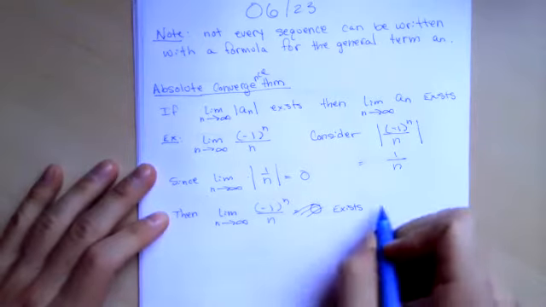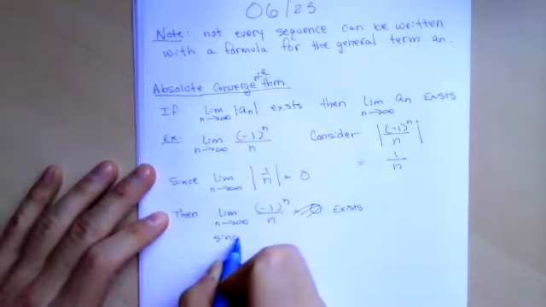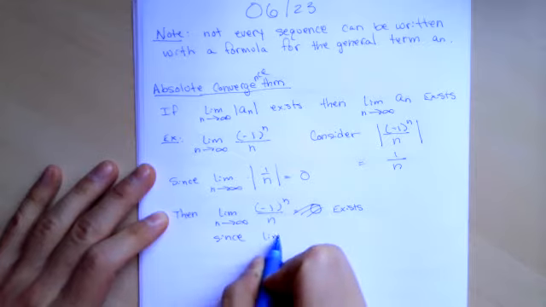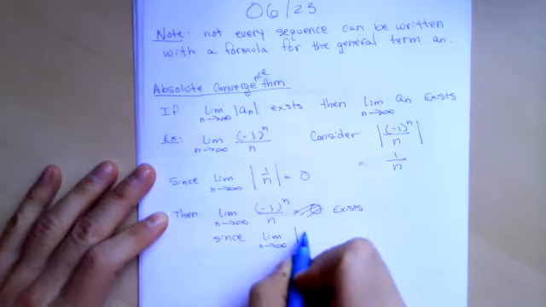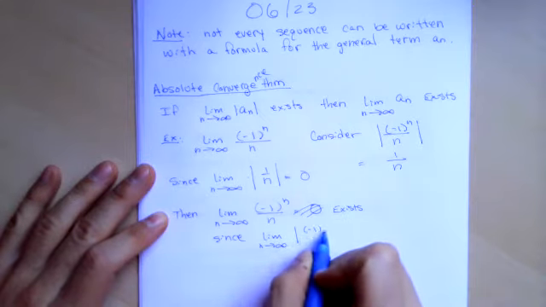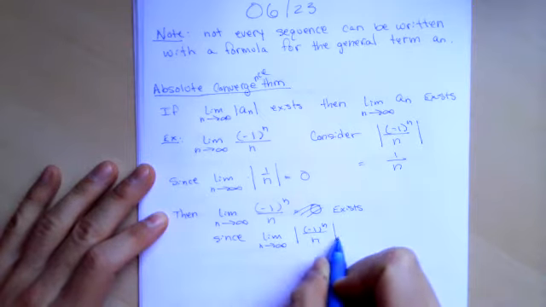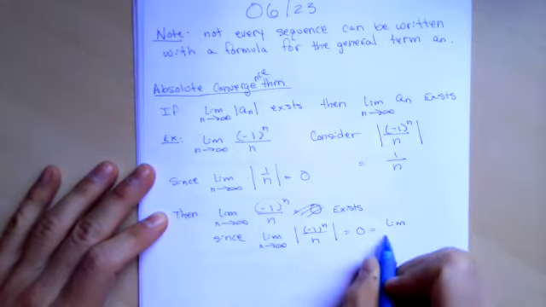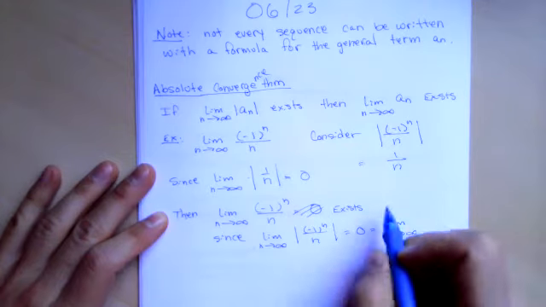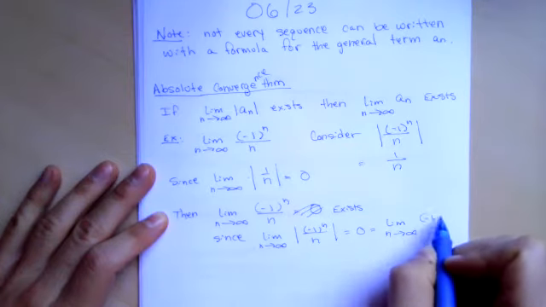And since it's 0, plus or minus 0 still gives me 0. So since it converges to 0 in absolute value, it will also converge to 0 for the original sequence.